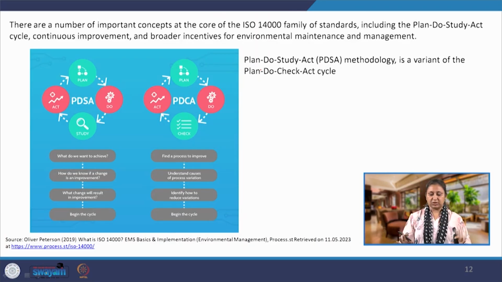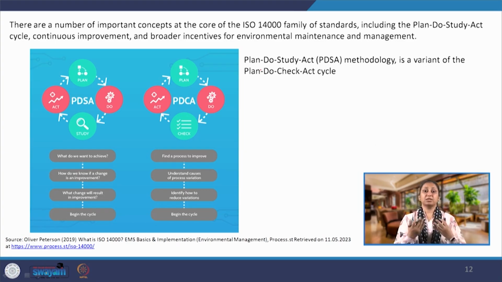Usually, the larger concept of the ISO 14000 family is Plan, Do, Study, Act, which is actually a variant of Plan, Do, Check, Act. So, it is a cyclic process, and they keep improving, because it is an environmental management series, and the environment is not static, it has a dynamic behavior. It continues to change.